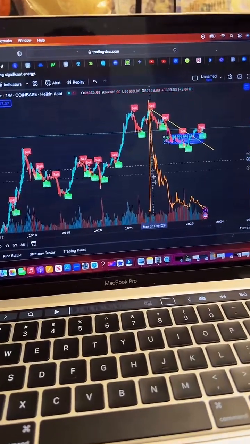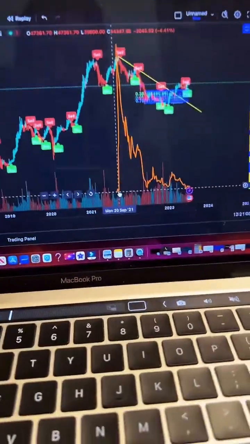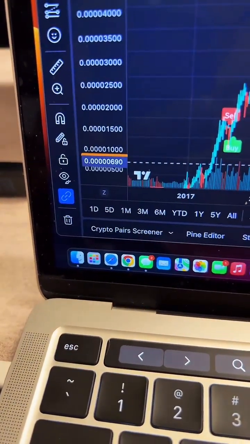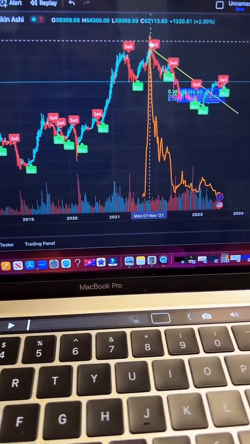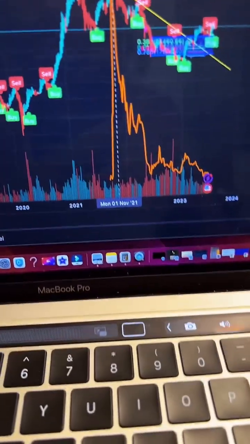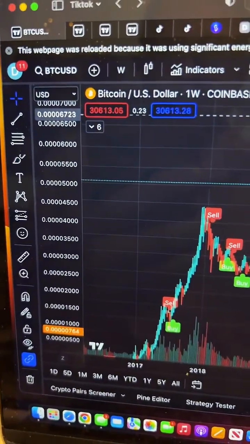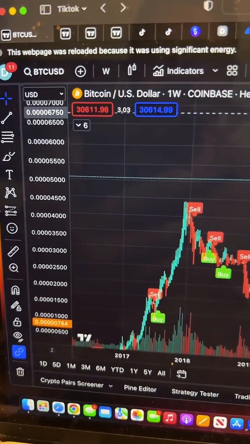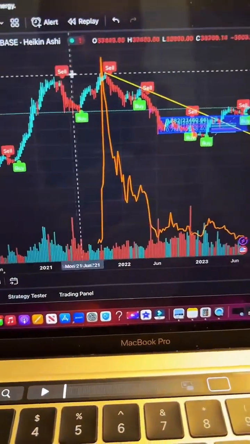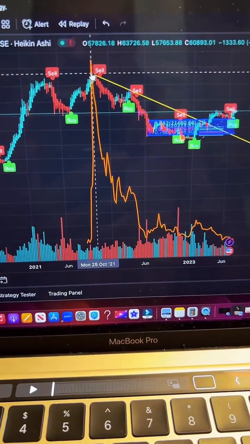Look at SHIB. SHIB was down here in September at 5 zeros and a 7. And then it shoots up from September to November to at least a 10x there. I don't think it's doing justice, but look at the time frame. Look at when it happens.